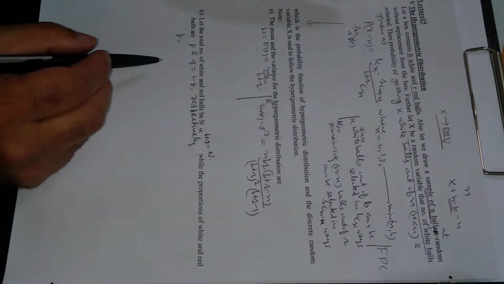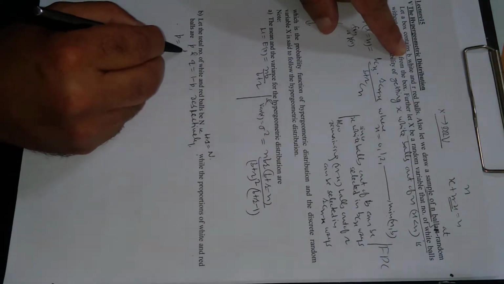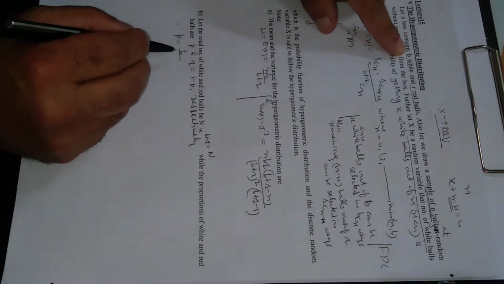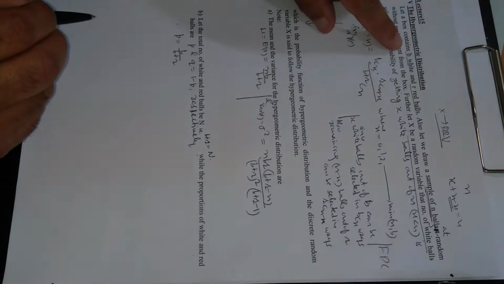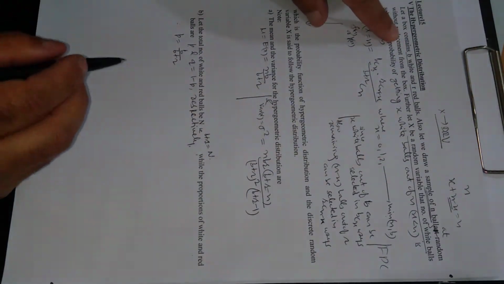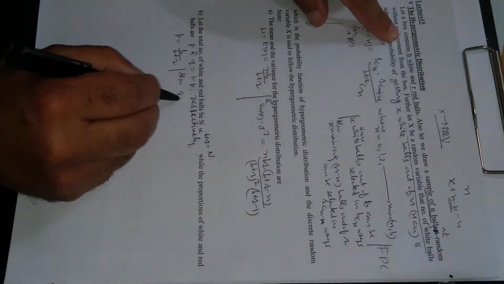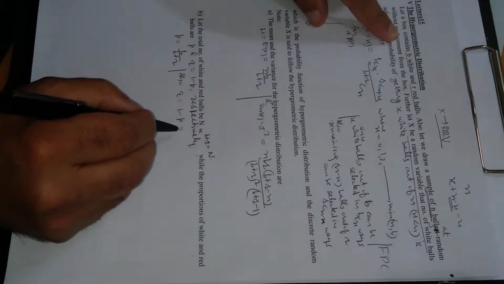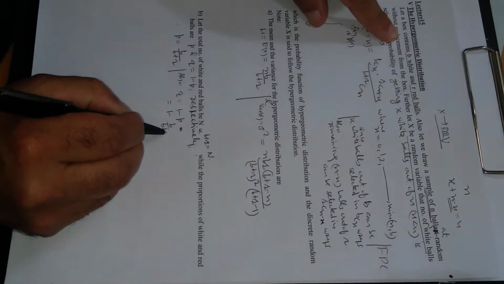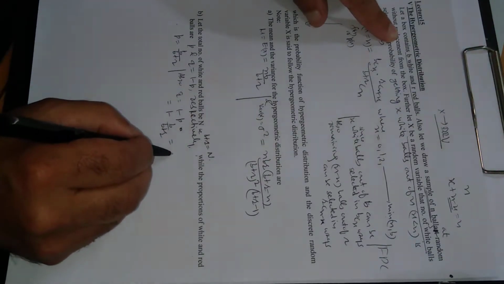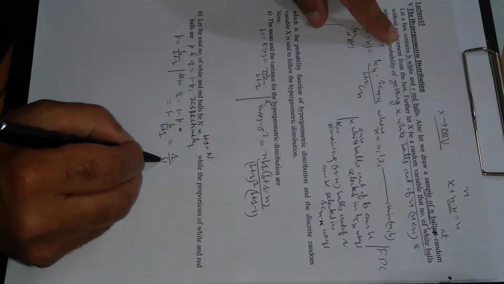Total favorable outcomes will be b, and total outcomes are b plus r, because there are two types of balls in the box. Also the probability of q will be 1 minus p, so this is 1 minus b upon b plus r, we cancel this, so this will be r upon b plus r.